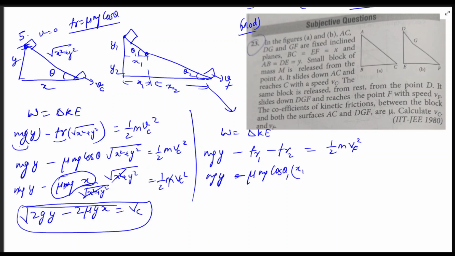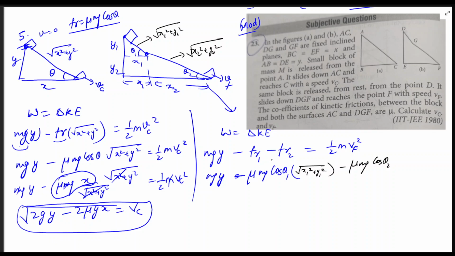Oh sorry, it will be root. So this distance will be root x1 square plus y1 square, and this distance will be root x2 square plus y2 square. So we have to write root x1 square plus y1 square, minus mu mg cos theta 2.